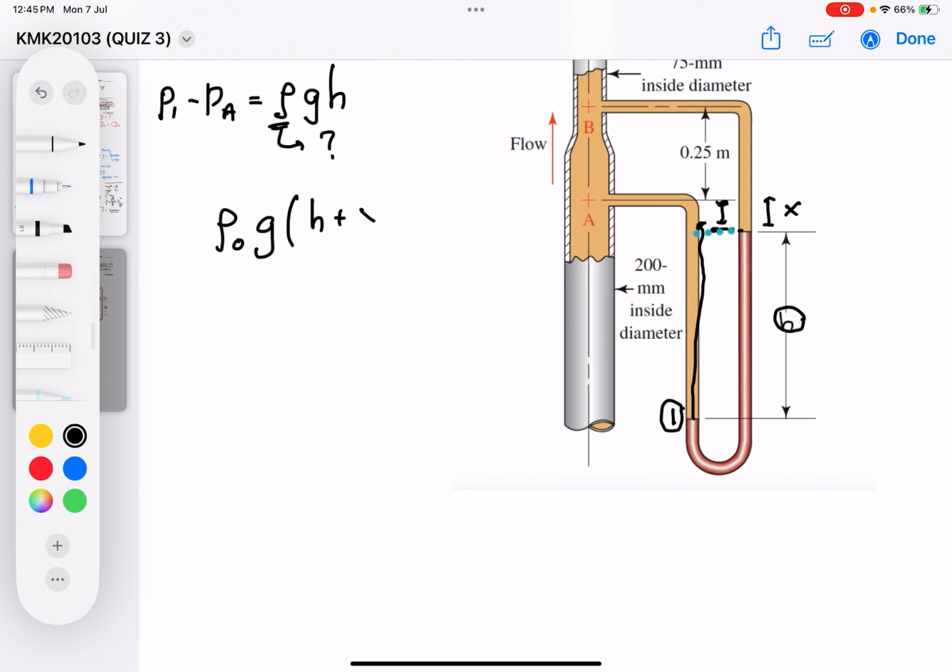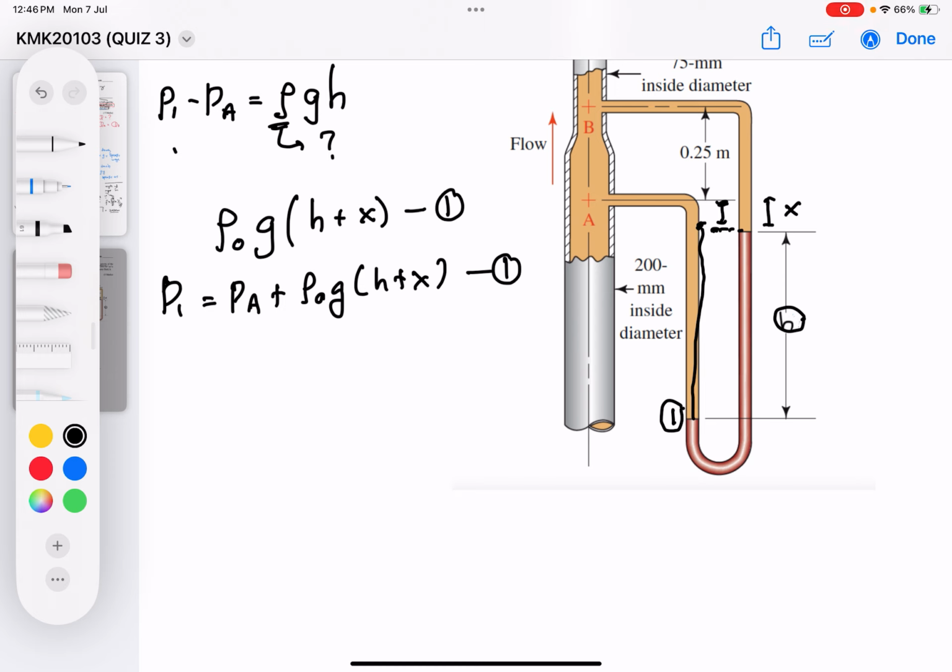So it's going to be h plus x. That's why I end up with P1 minus PA equals rho of the oil multiplied by g multiplied by (h plus x). Rearranging, I have P1 equals PA plus rho of the oil multiplied by g multiplied by (h plus x), which is equation number 1.